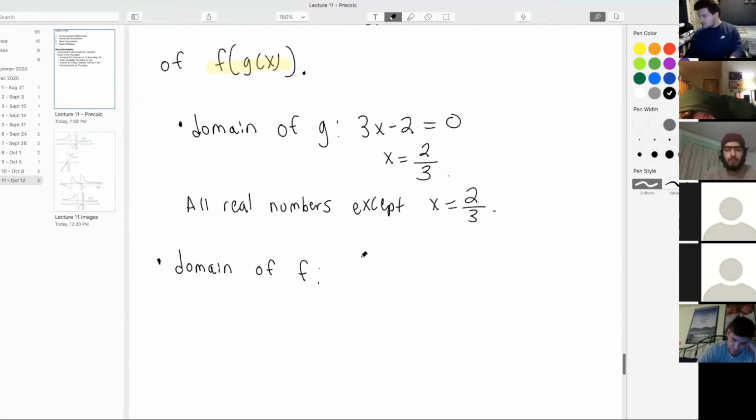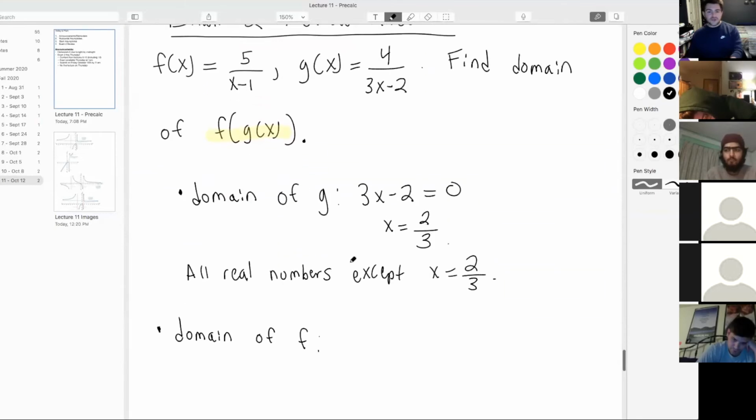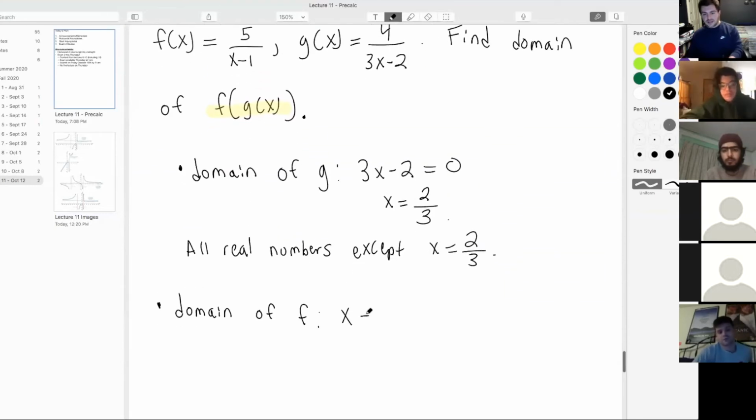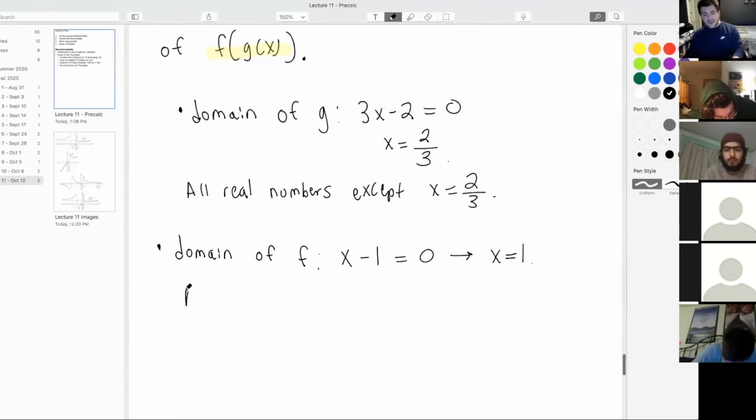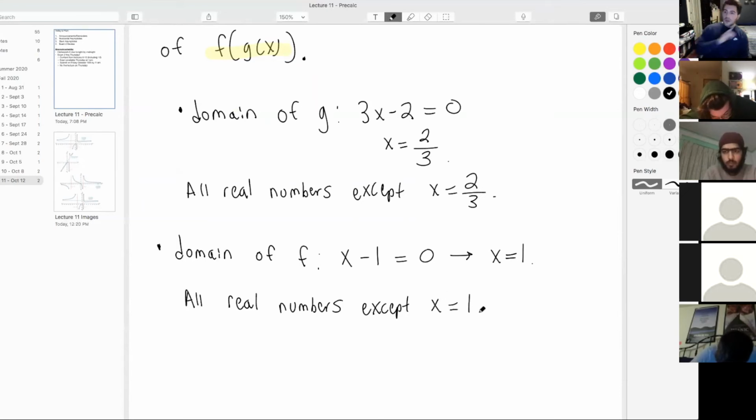You can pretty much just do it quickly in your head. You need to solve x minus 1 equal to 0, and this gives you the solution x equals 1. So the domain of f is all real numbers except x equals 1. Okay, that's that. We're not done yet.